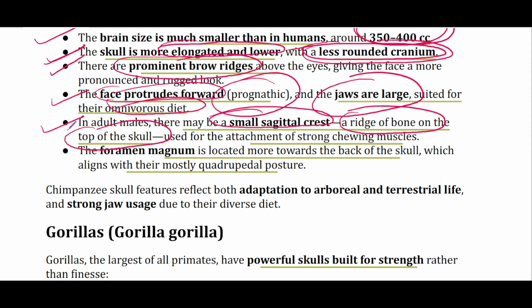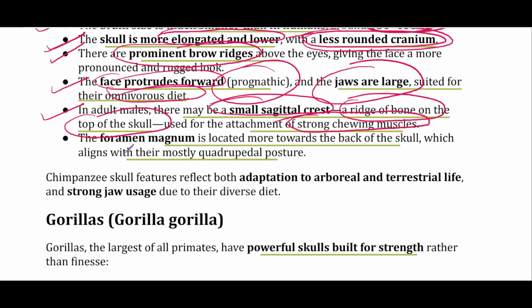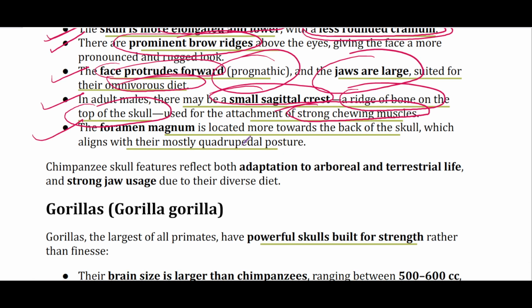And sagittal crest is there to support strong or heavy chewing. Then, as for the foramen magnum, it is located posteriorly, means towards the back of the skull, and it is necessary for the quadrupedal motion.